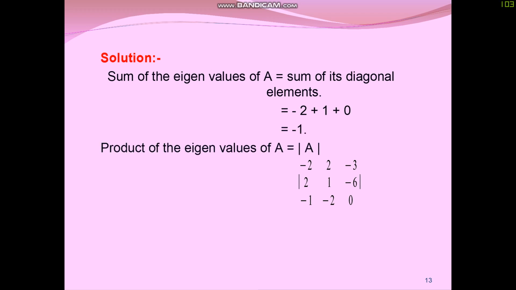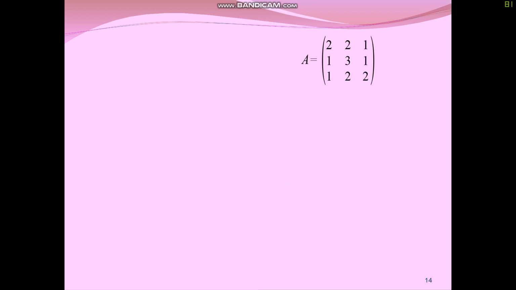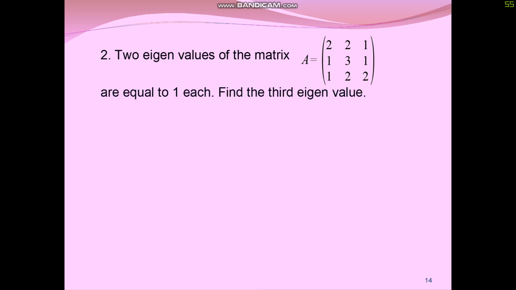The product of the eigenvalues of A equal to 45. Two eigenvalues of the matrix A are equal to 1 each. Find the third eigenvalue.